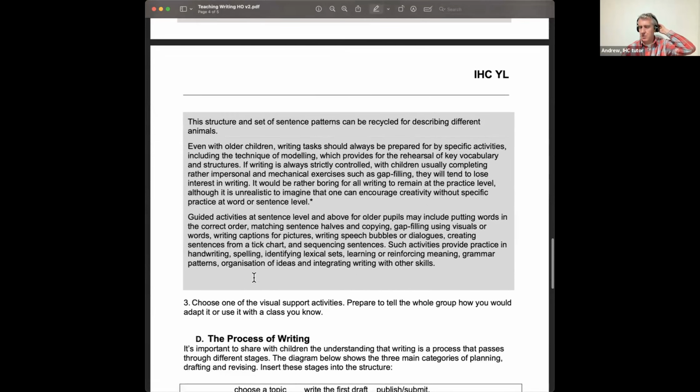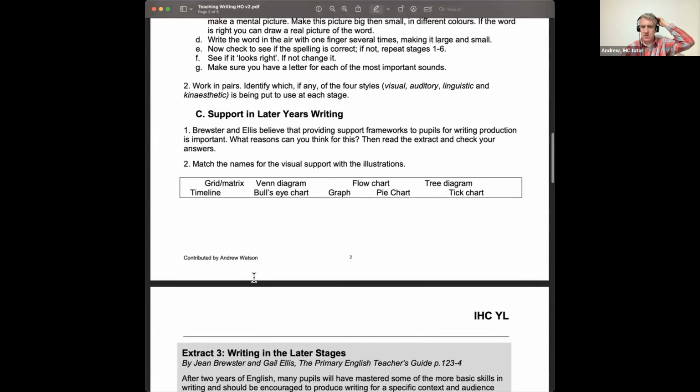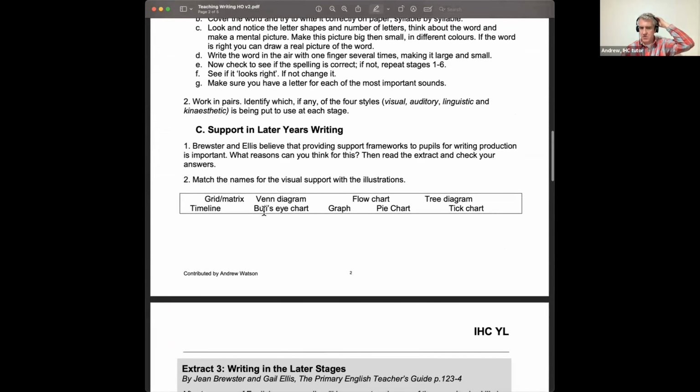Okay, so I'm going to show you a bunch of visual support activities, and I want you to match the names with the illustrations. There are 9 of them. I'm going to share it with you in the chat.